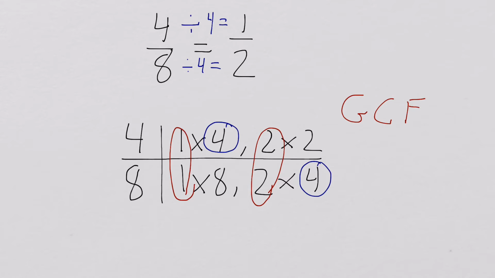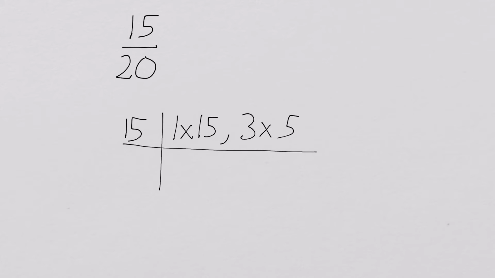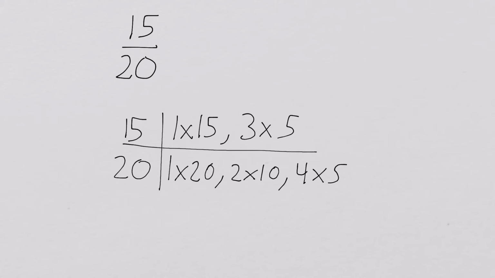Let's try another one now. Here we have 15/20. If I list out my factors that give me 15, I've got 1 times 15 and 3 times 5. If I list out my factors of 20, I have 1 times 20, 2 times 10, and 4 times 5. Once again, let's compare our factors to find the largest one.